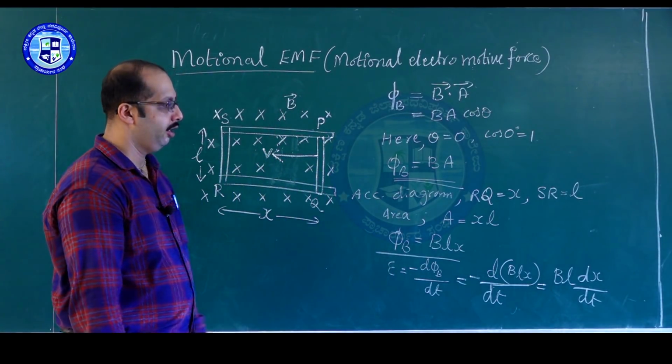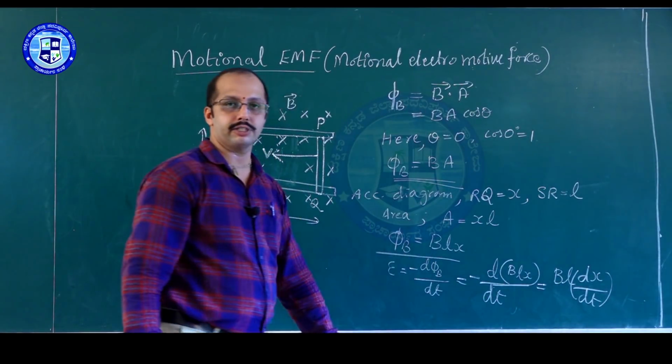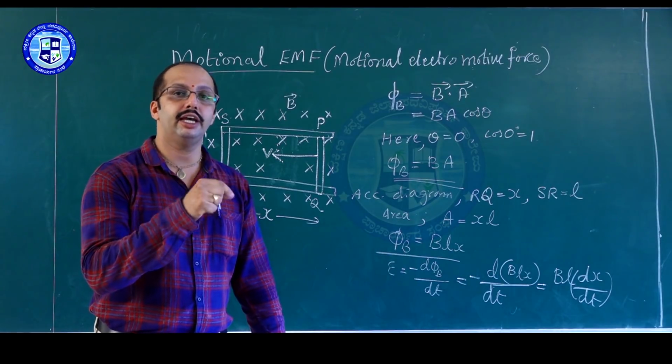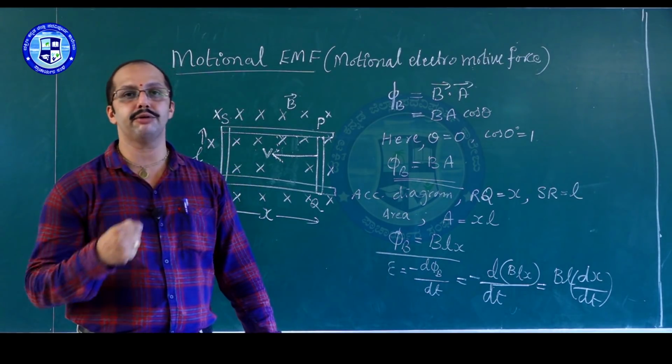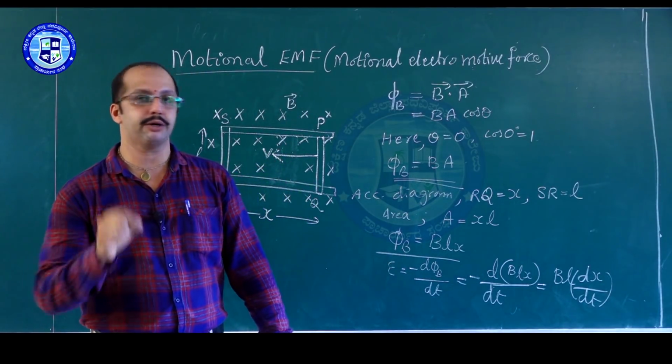Right. So we consider dx by dt. In first PUC you studied that velocity or speed is equal to change in distance with respect to time, or velocity is equal to change in displacement with respect to time.